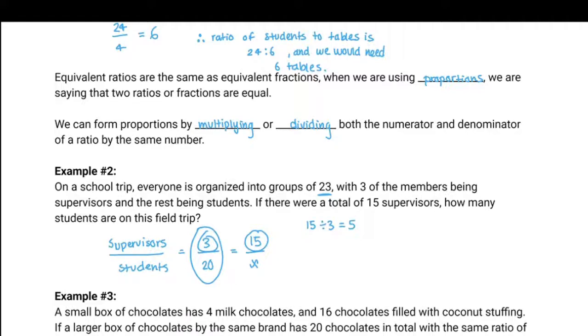So we know that 20 times 5 would give us the value for x. So x equals 20 times 5, meaning that x is 100. So therefore, the number of students on this field trip is 100.